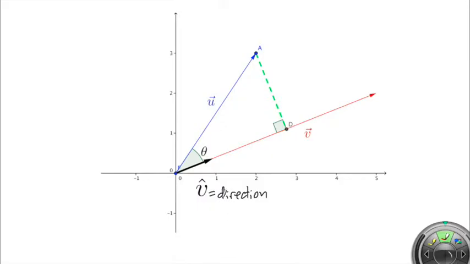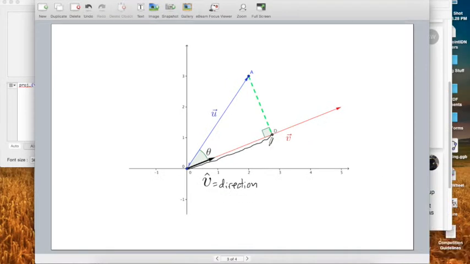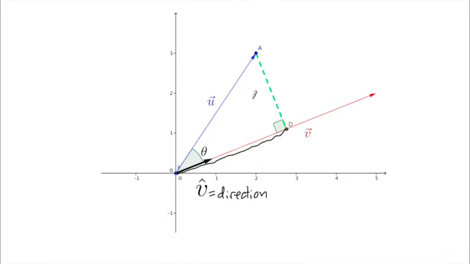Alright, so the next thing I need to know is the magnitude. So I need to find the length of this side here, all the way down. So if we go back to polar coordinates, I know the length of the side according to the magnitude of the vector up here and the angle of separation between the vectors. The length of the side is going to be the magnitude of U cosine of theta.